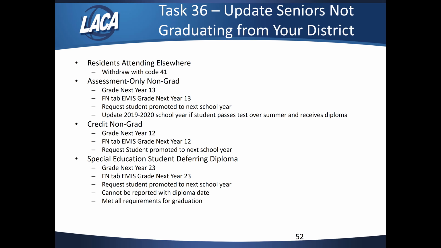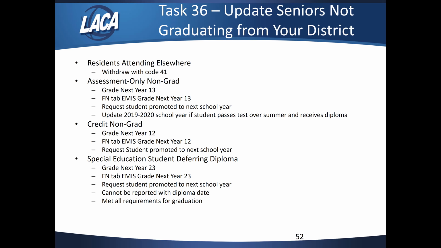Okay, update seniors not graduating from your district. Residents attending elsewhere, withdraw them with a 41 to the district where they graduated from. Assessment only non-grad: if they met their course requirements, but they didn't pass all of their assessments, their grade level next year should be a 13. And I missed an update here.